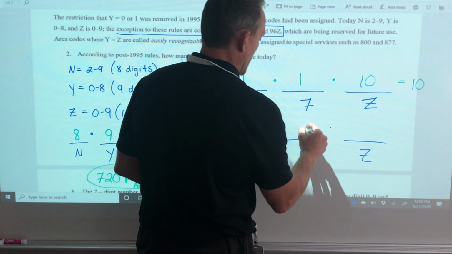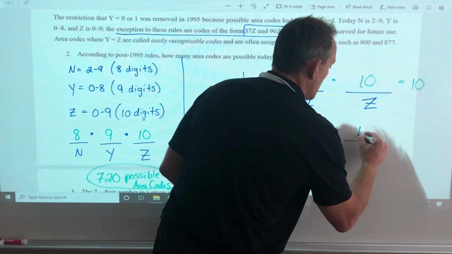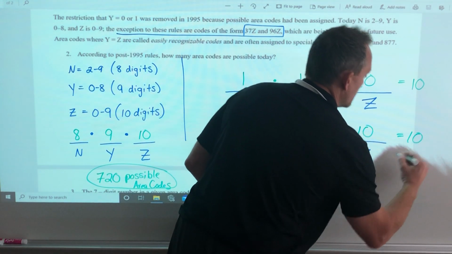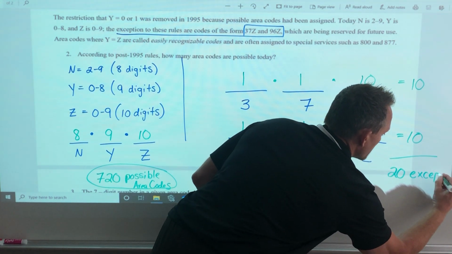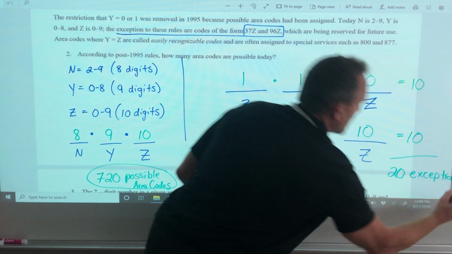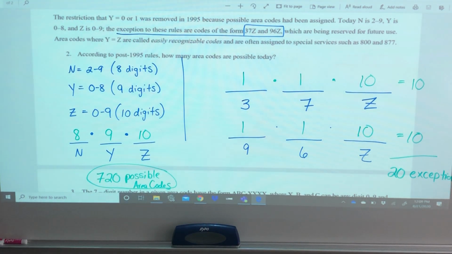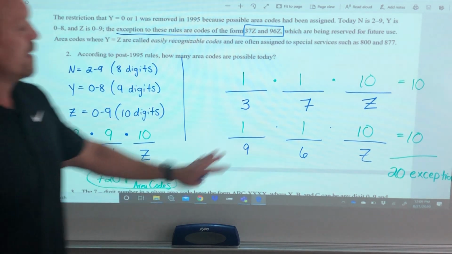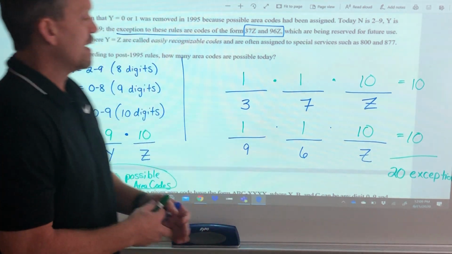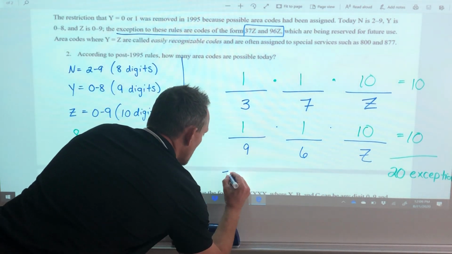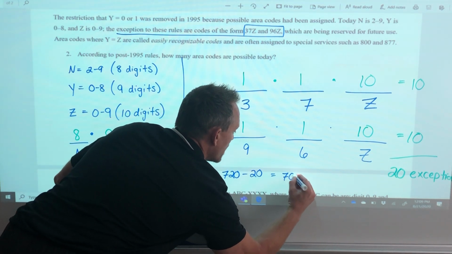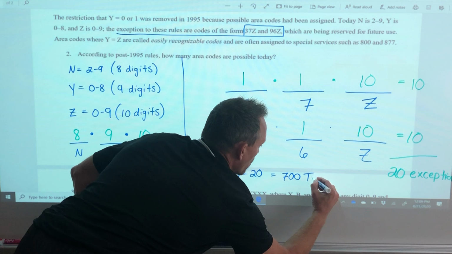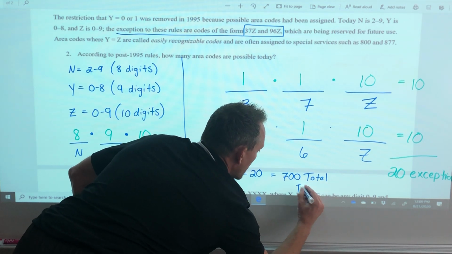How many numbers is 6? 1. How many numbers is Z? 10. That's 10. So we have 20 exceptions to the rule. So when we have 720 possible, 20 of them cannot be possible. 720 minus 20 equals 700 total possible.